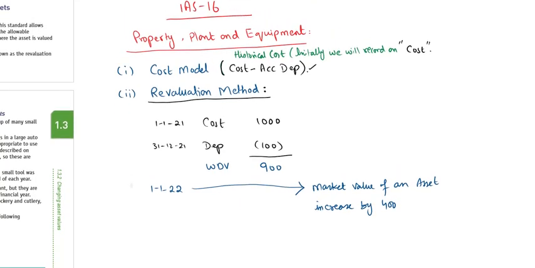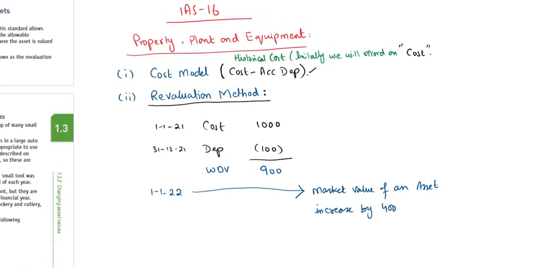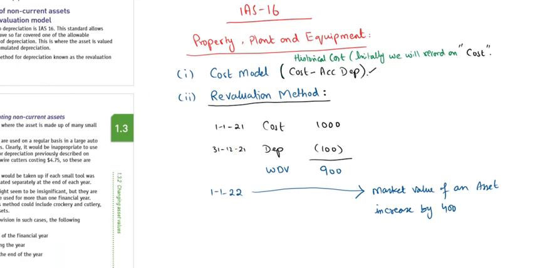So you have to remember that according to IAS 16, we have two methods: the cost model that we have discussed, which is generally tested in our scope, and the second one, the revaluation method. Sometimes the value of an asset changes with the passage of time, so we have to consider that change in our books of account. Sometimes the asset is revalued, sometimes devalued, so we will adjust the change in the accounting values.